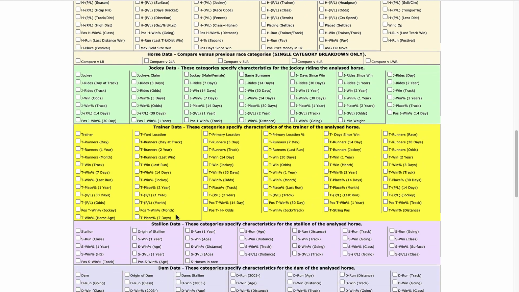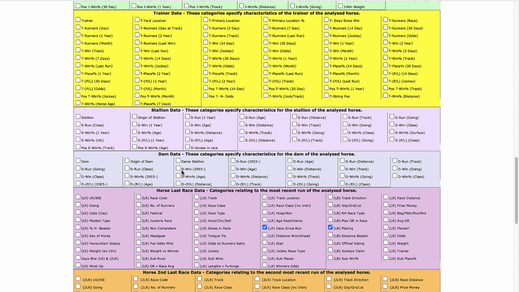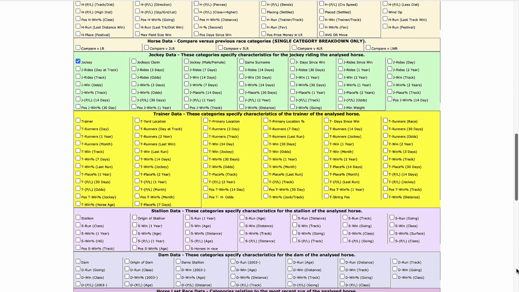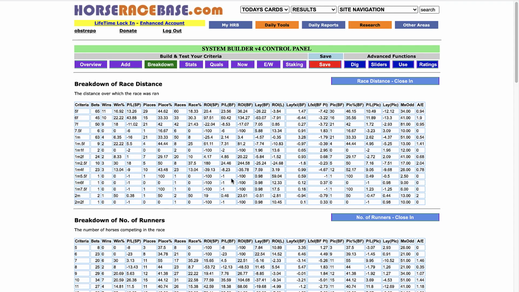And then days since last run. And we'll put the last run placing on there like we did for Richard Fahey. And we'll add the jockey in there as well. So slightly confusing there. Don't seem to remember these other distances being there before. Maybe it's my mind going.